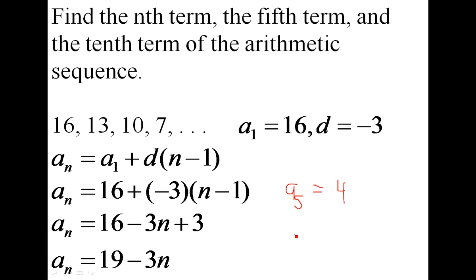And A sub 10 equals, let's see, 19 minus 30 is, yeah, it is negative 11. Fantastic. Negative 11. All right, good. Whew, glad I got that worked out.